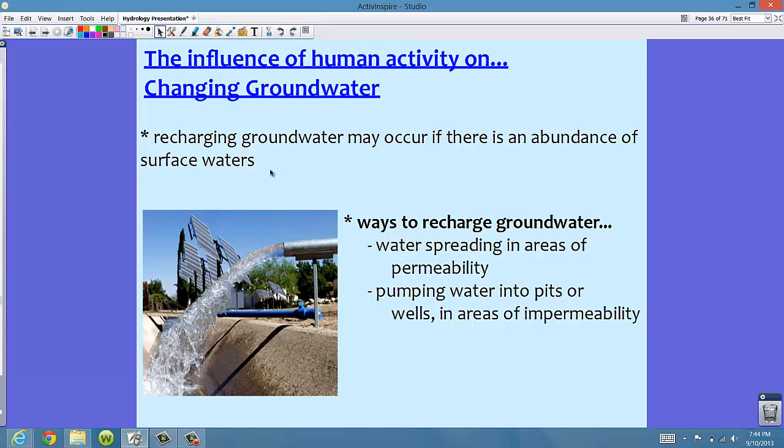If we have large areas of ground that can actually be infiltrated by water, then water spreading is another possible way to recharge the groundwater. This has to occur if and only if we have an abundance of surface waters. If we don't, then chances are we're not going to be able to do these things in order to recharge that groundwater.